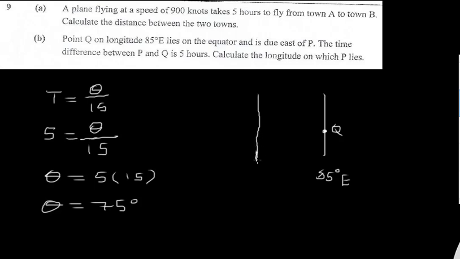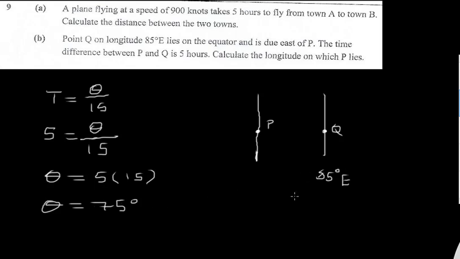We'll say this is our point P. So as we move from point P to point Q, time is being added, right? So if this is on 85 degrees east, this one should be on something less than 85 degrees east. It could be on 10 degrees east, on 5 degrees east, or on 80 degrees east. So we are going to subtract 75 from 85, because this is the difference.